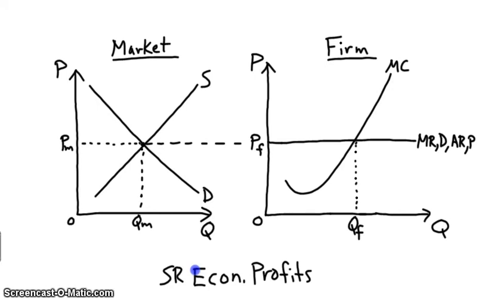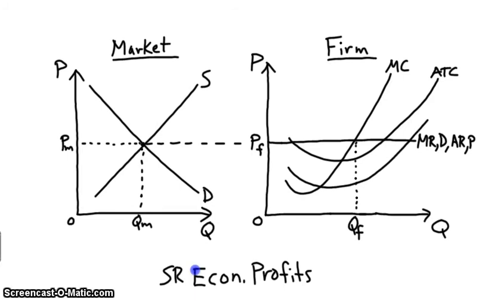So when I go to draw my average total cost curve, I'm going to start it and make sure that it's below the price at our optimal quantity QF, and then I can draw in my average variable cost curve, AVC.